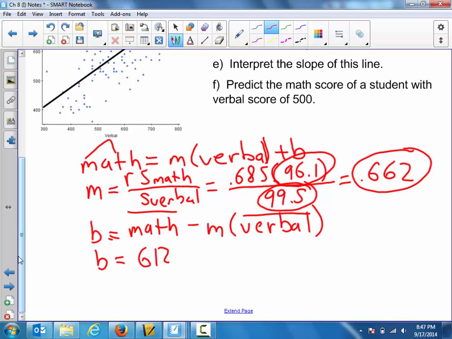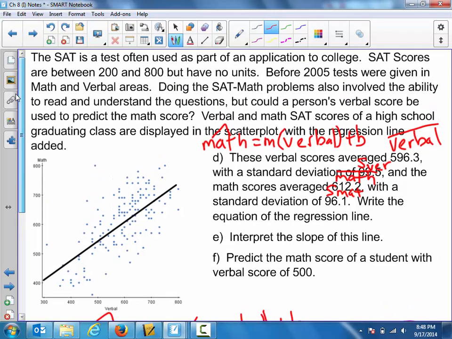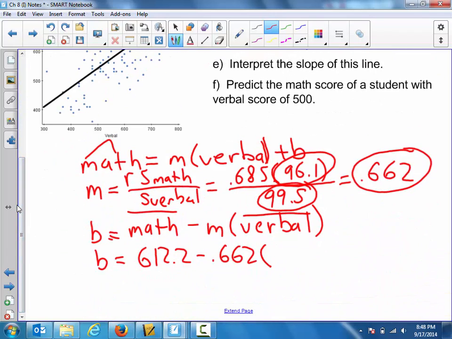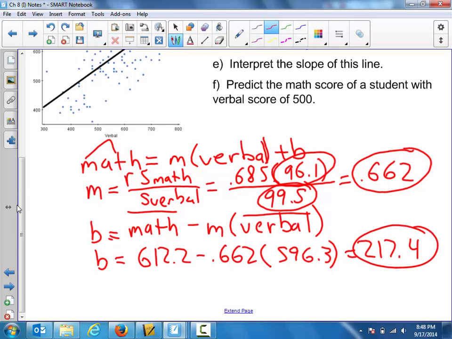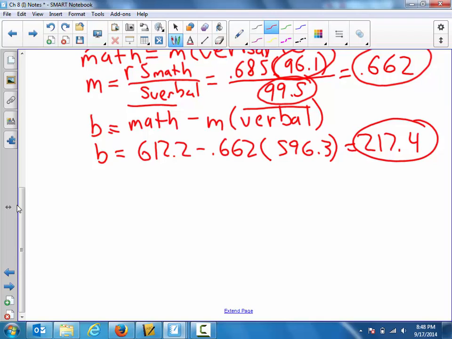So b would be equal to the mean for the math scores, 612.2, minus our slope we just found times the mean of our verbal scores, 596.3. That y-intercept comes out to be 217.4.